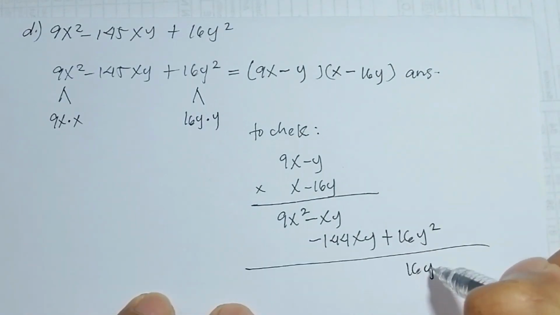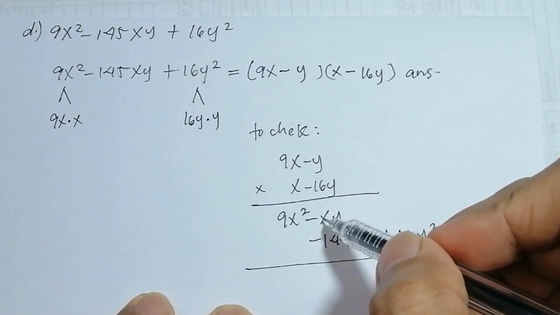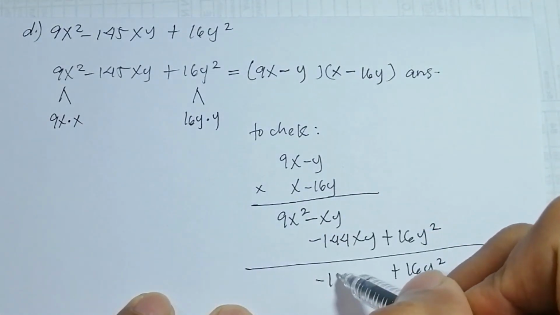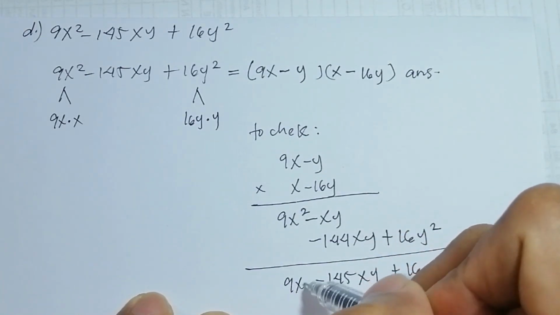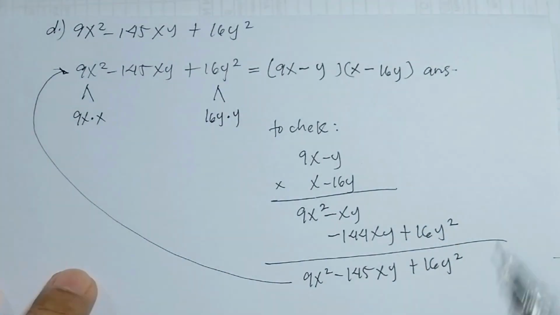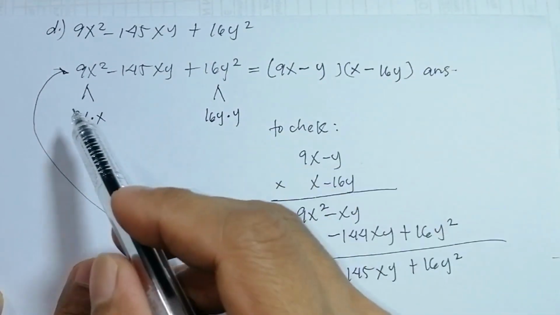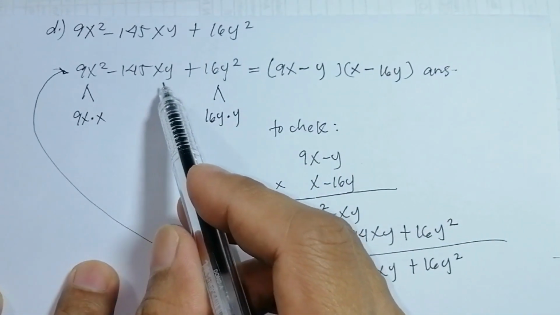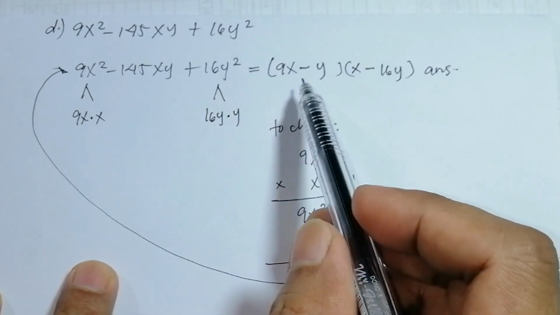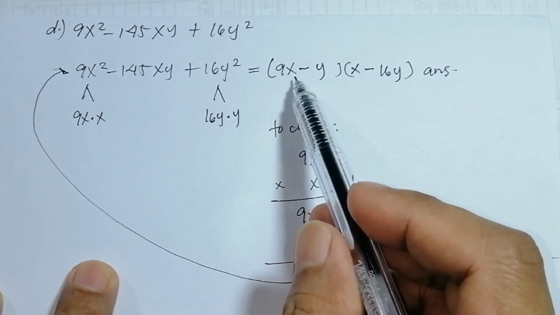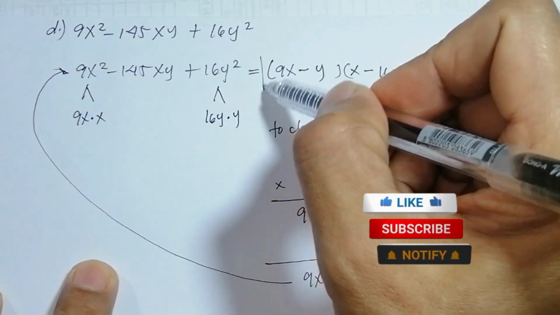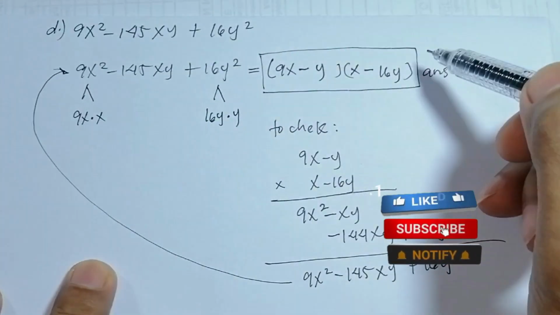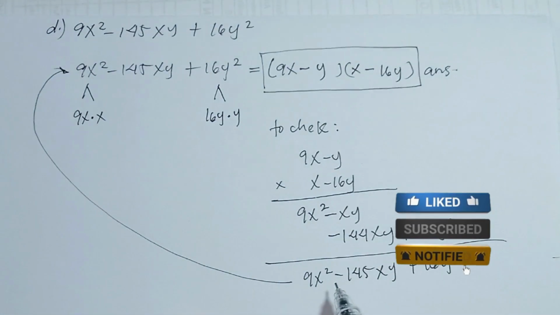Okay, 16y squared, so this will be negative 145xy, bring down 9x squared. Okay, they are the same. So meaning to say, the factor of 9x squared minus 145xy plus 16y squared is 9x minus y, bracket x minus 16y. So this is our answer, meaning our answer is correct by checking.